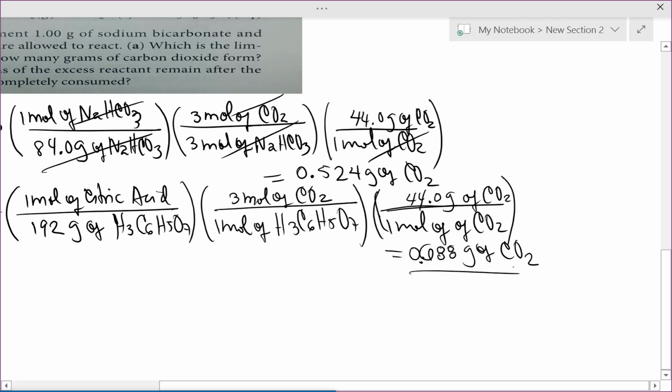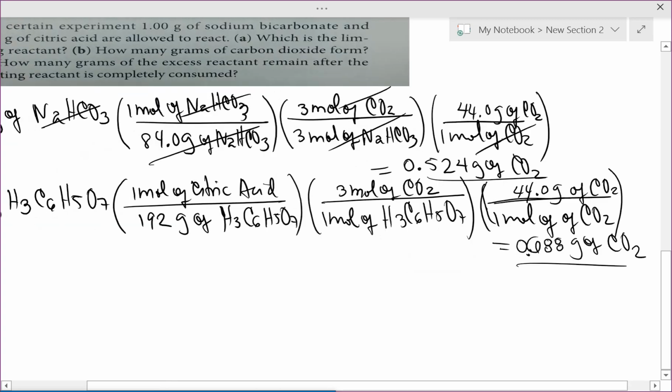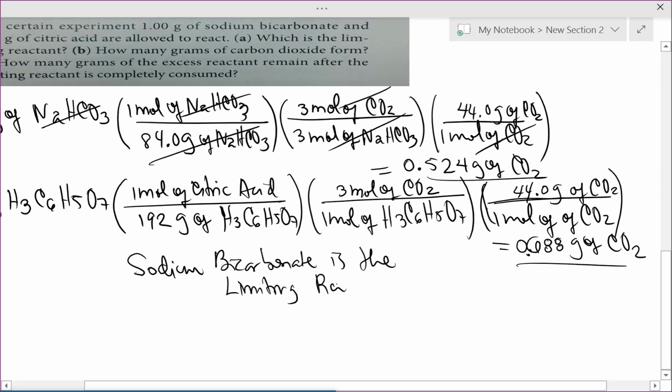So again, as we did before, since in the first scenario we got a lower amount of CO2, the sodium bicarbonate is the limiting reactant. Why?